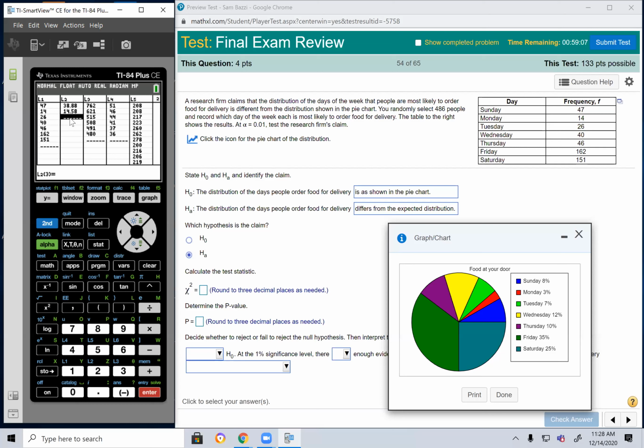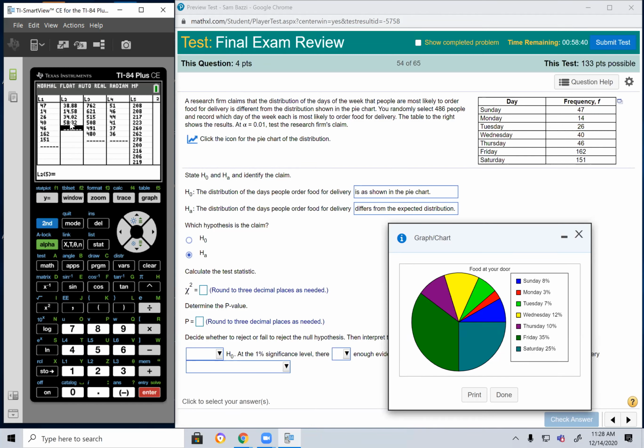For Tuesday, I have 7%, as you can see. So 0.07 times 486. For Wednesday, we have 12%, 0.12 times the total, always the total of all, 486.